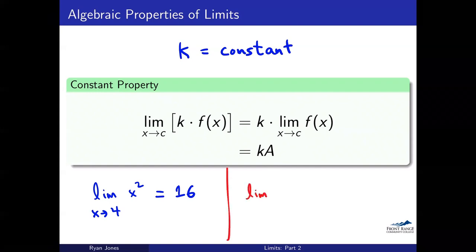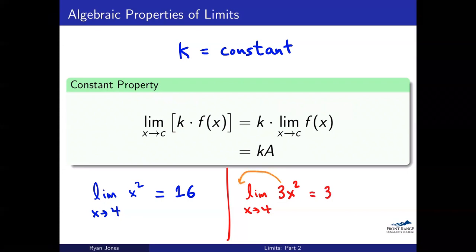But now what I'm telling you with this constant property is what happens if I give you this limit: limit as x approaches 4 of 3x squared. Using this constant property, what you can recognize is that this 3 is just a constant that I'm multiplying my function x squared by. So I'm allowed to pull that 3 out front of the limit.